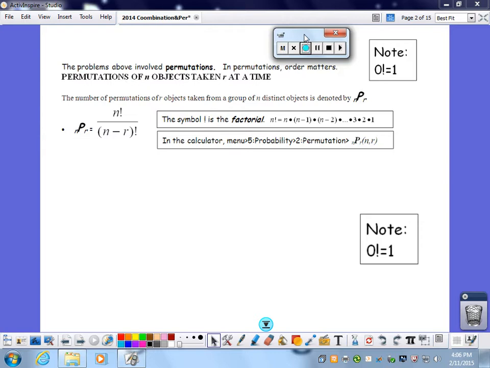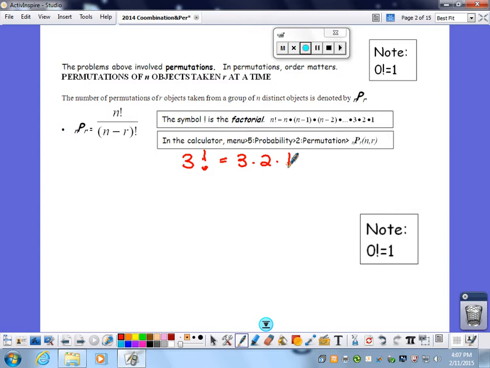We're going to take n objects taken r at a time. So let's look at this in permutation. Here's the formula. This notation, the exclamation point, doesn't mean we're excited about n. It means factorial. It means to count down. So for example, 3 factorial means 3 times 2 times 1. Now we're going to stop counting at 1.